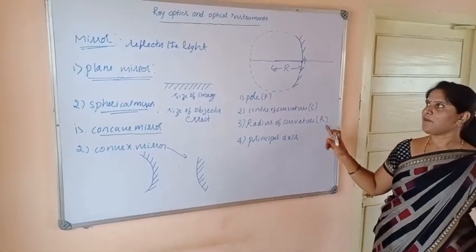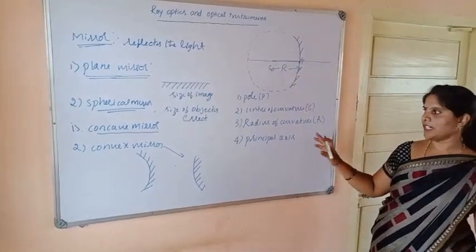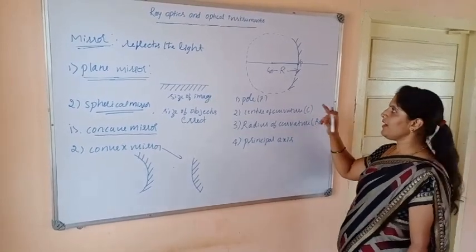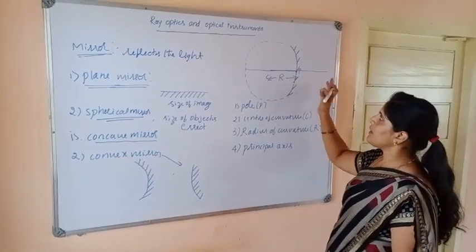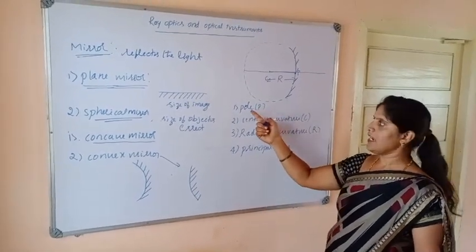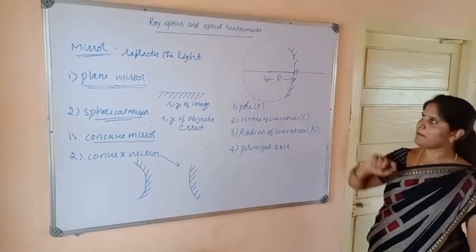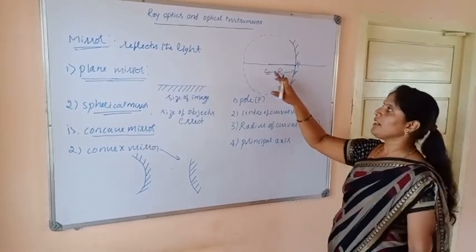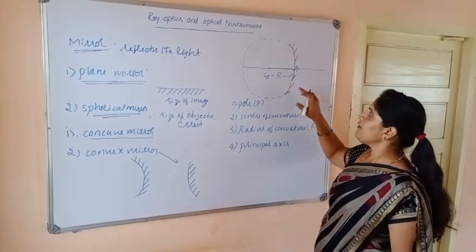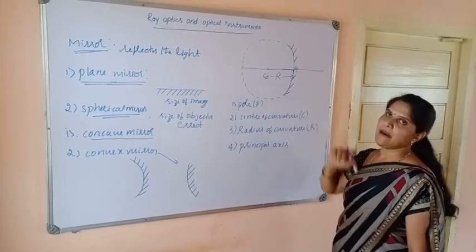These are very important basic terminologies related to both concave and convex mirrors. Let me refresh once again. Pole is the geometric midpoint of the mirror. Center of curvature is the center of the sphere of which the mirror is a part.